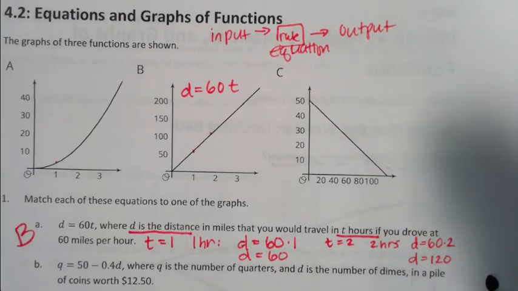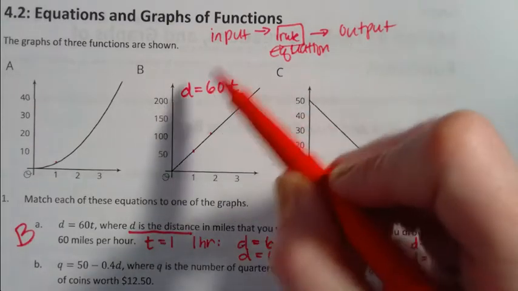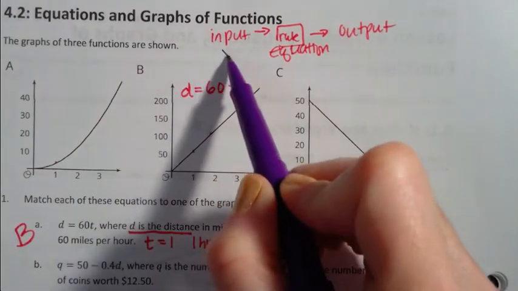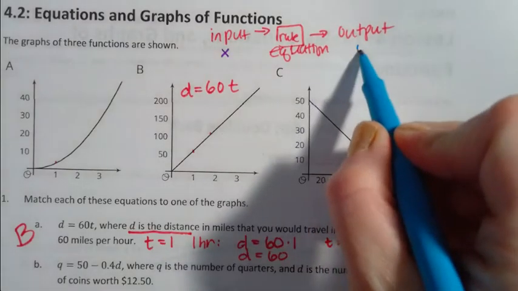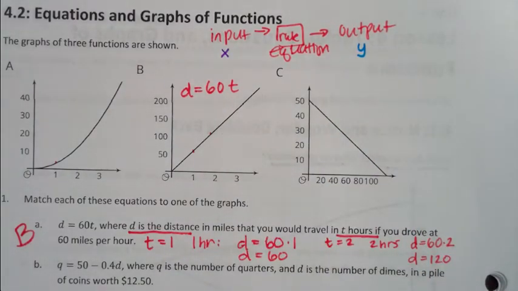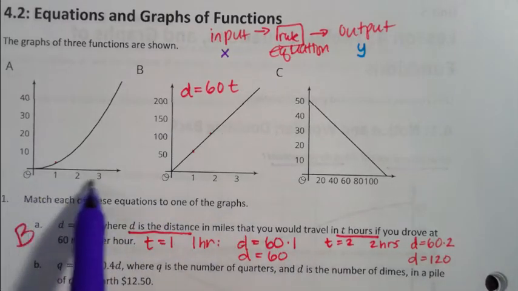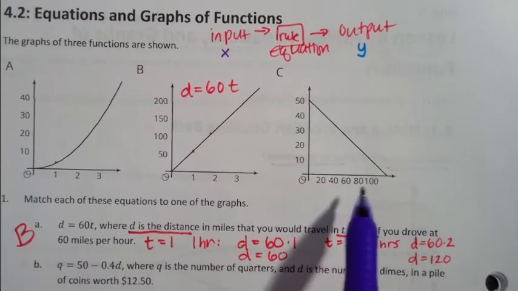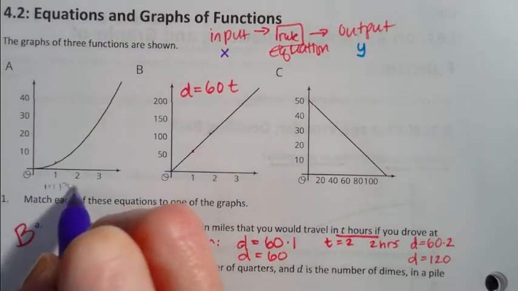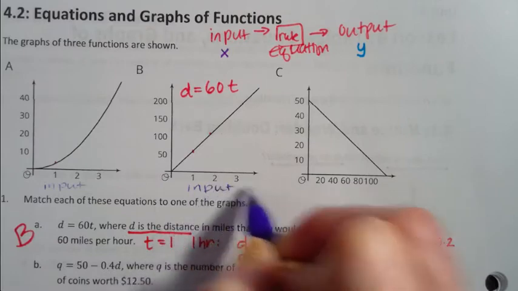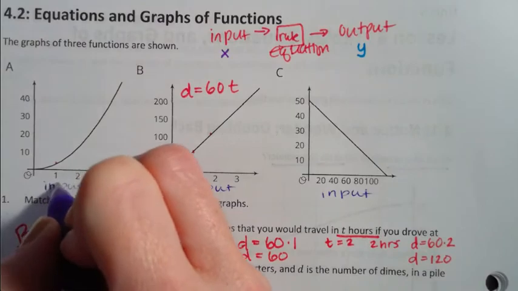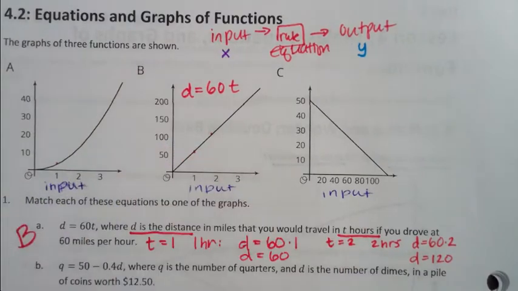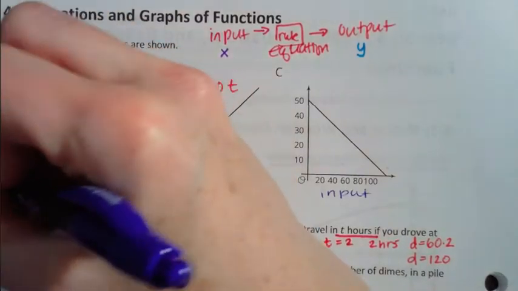Something else that you'll find happening with graphs is that the input is our x value and the output is our y value. So on our graphs, you'll see that our x axis are the inputs. And our y coordinate or our y axis is the output. Okay, so you can even label that.